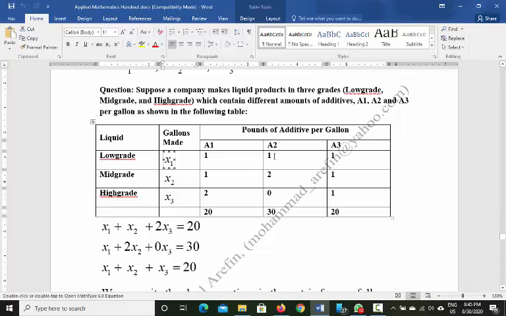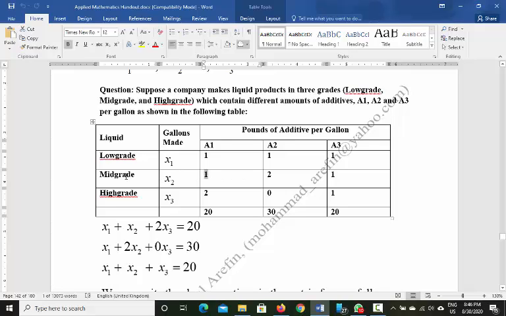Now let's move to mid grade. If we produce 1 gallon of mid grade liquid, we use 1 pound of A1.